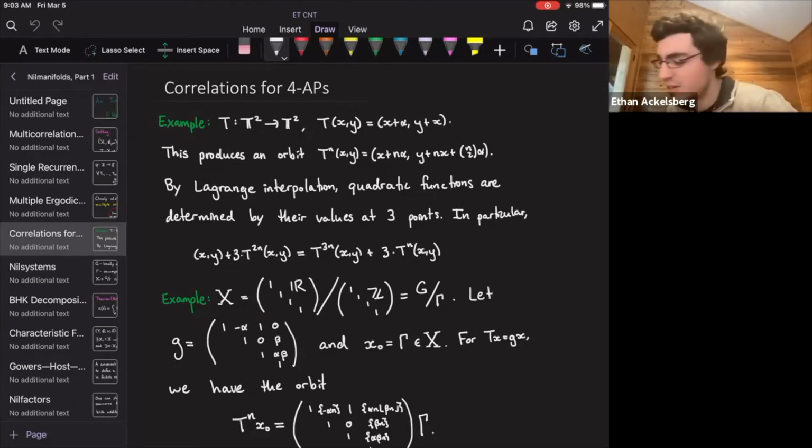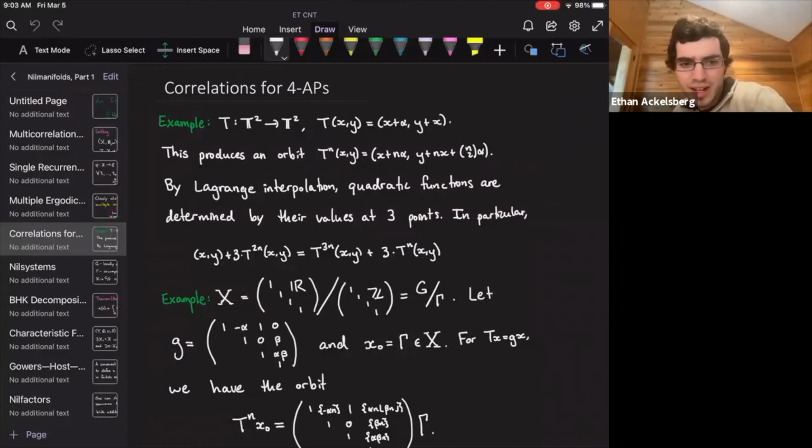This particular system, I took from a paper of Bergelson and Leibman on generalized polynomials. But there are other systems you could write down like this. So we take the Heisenberg group.